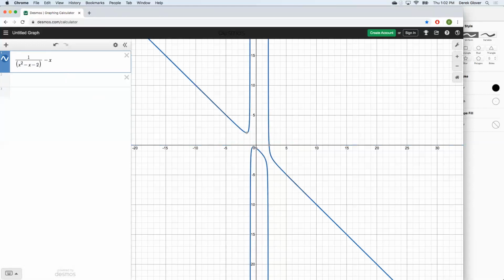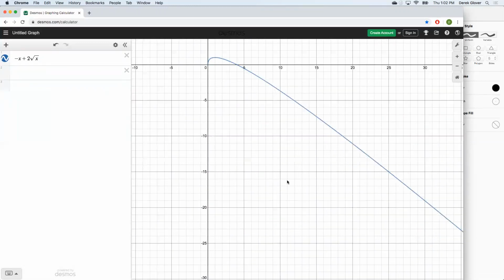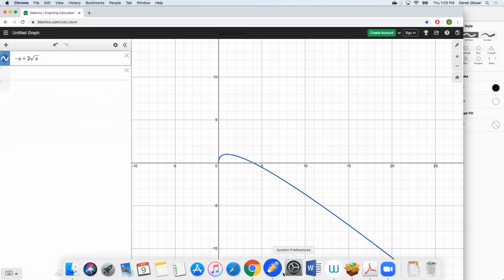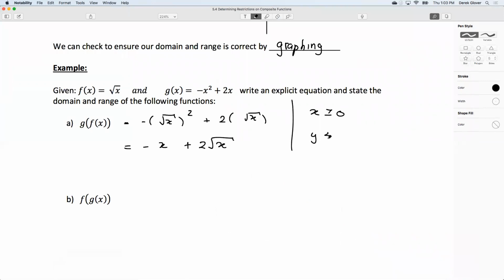This function has an absolute maximum at 1. Otherwise, the function can equal 0, and it can equal anything below. So for our range, y will be less than or equal to 1.